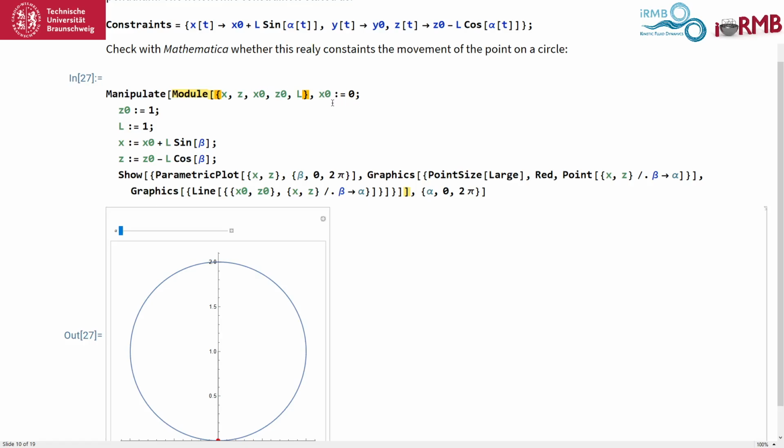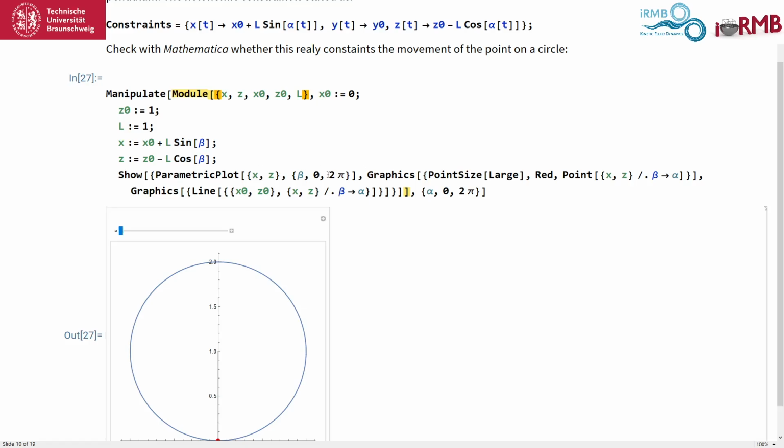Okay, so this is potentially not the most efficient way. I've written this down because you can also initialize these variables inside here while you declare them, but I initialize them later. So now these variables are local to this module. And now we display this. We define x and z in the way that we have it here.